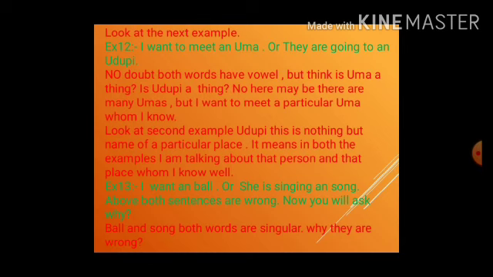Next example, I want an ball, or she is singing an song. Both of the above sentences are wrong. Now you will ask why. Ball and song, both words are singular. Why are they wrong?